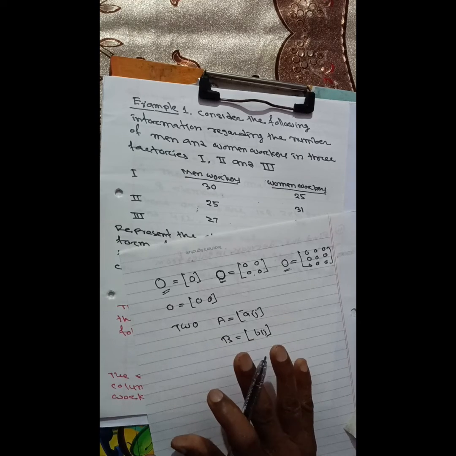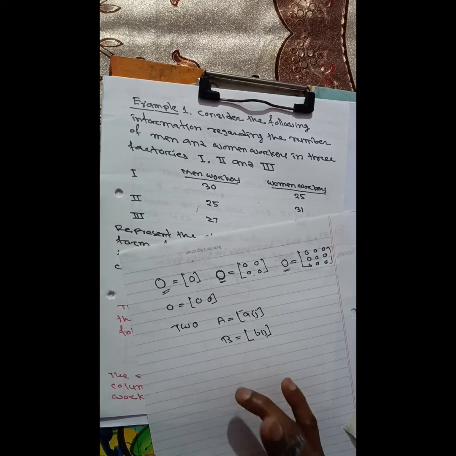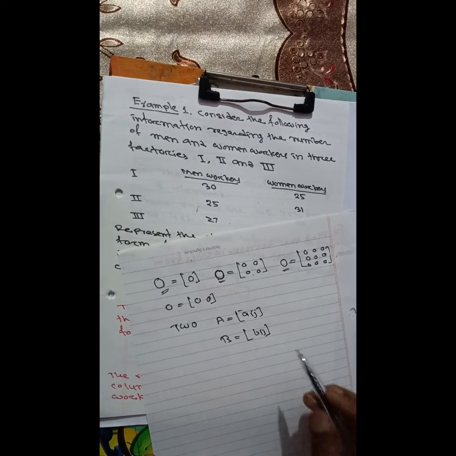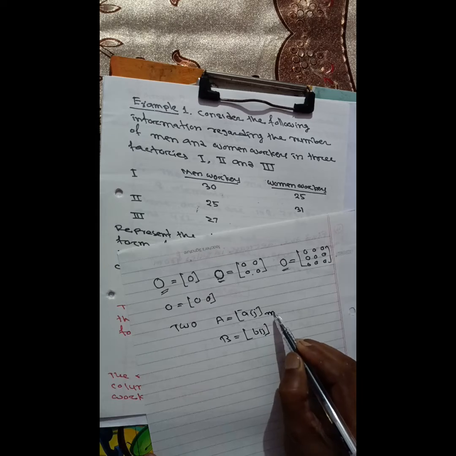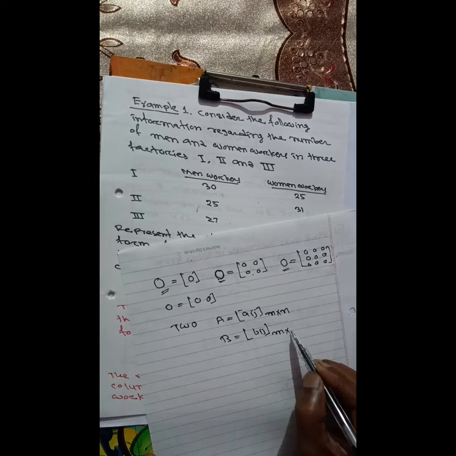That means two matrices A and B are said to be equal if, first, they have the same order. Suppose A is of order m into n, then B is also of order m into n.